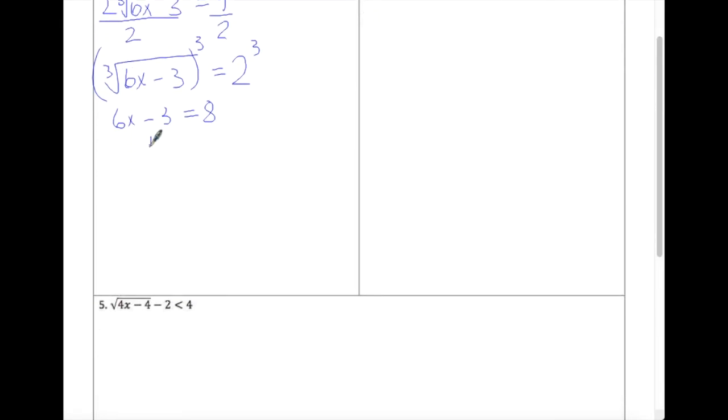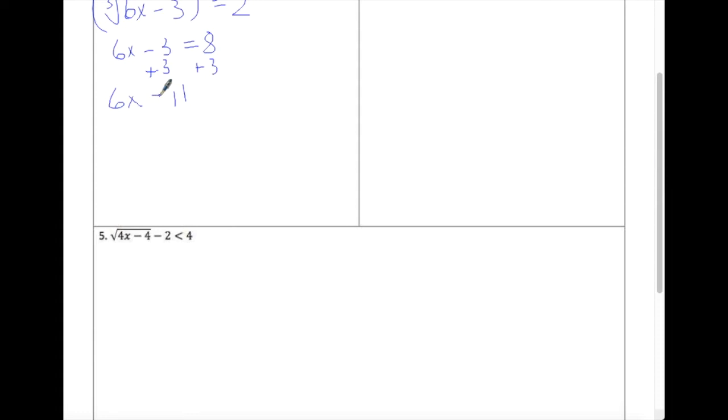And then I can add 3. So 6x equals 11. Divide by 6. We get x equals 11 over 6.